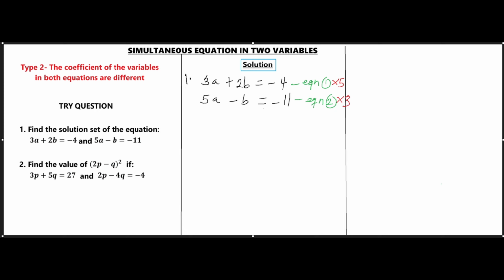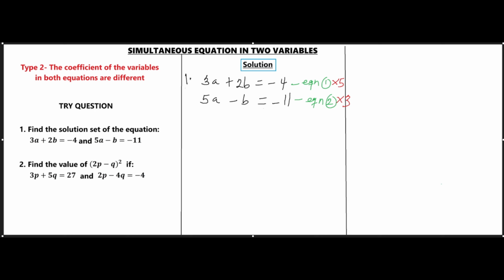So it's more or less like I'm doing a cross multiplication. Because I want to eliminate a, I'll multiply equation 1 by 5, and then I multiply equation 2 by 3.